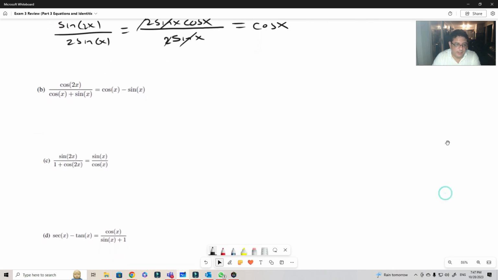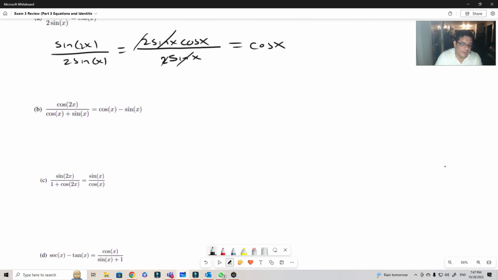Now, for b, we have cosine of 2x over cosine of x plus sine of x. And so now we can split this apart into cosine square of x minus sine square of x. This is directly this.